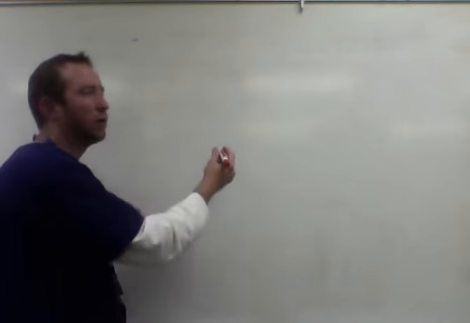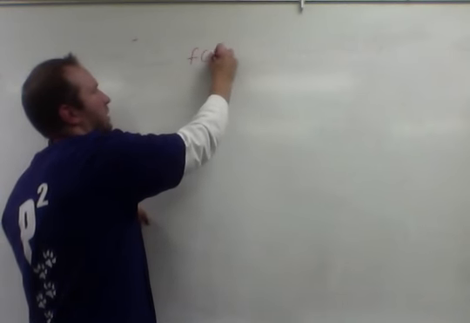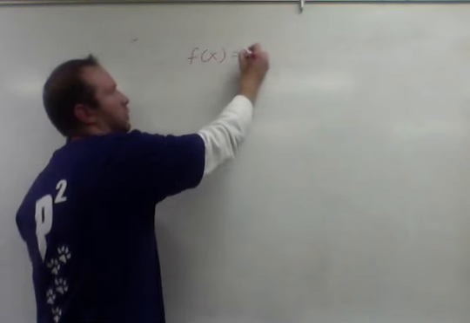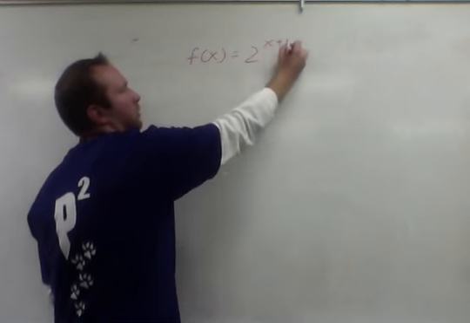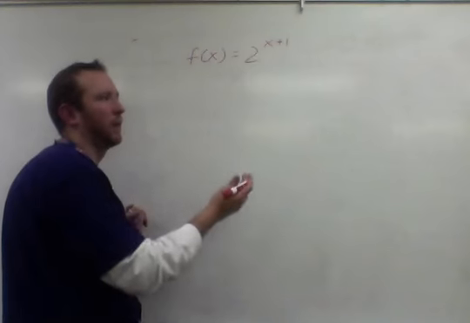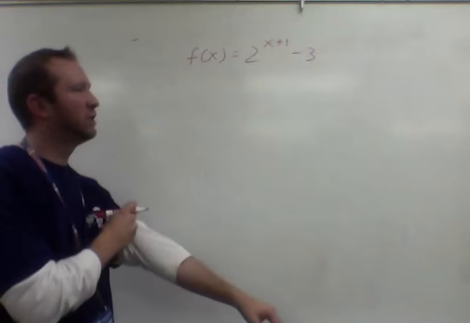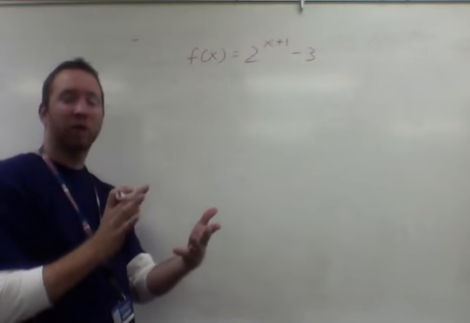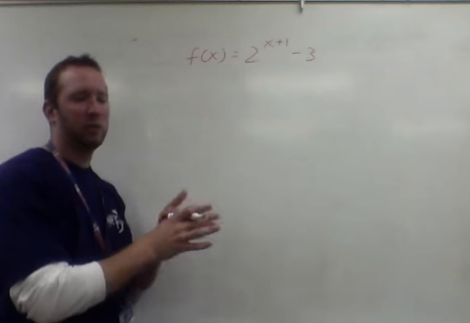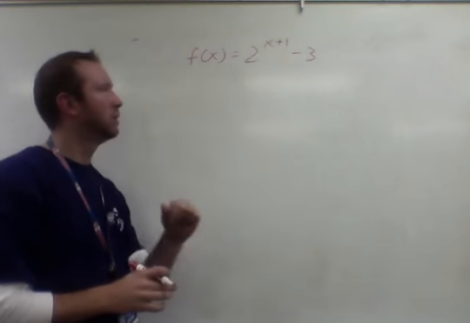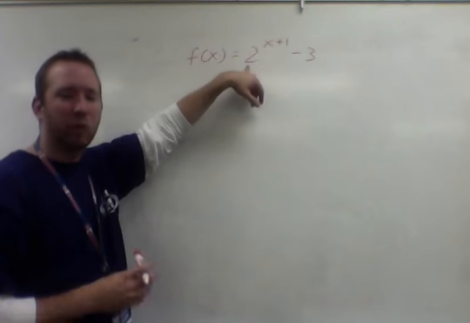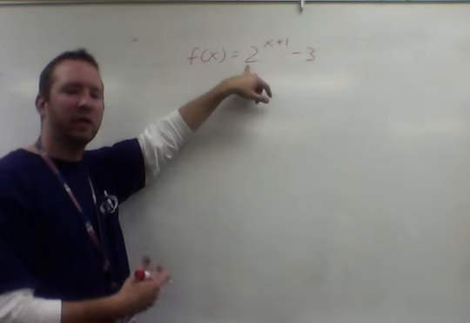All right, so for starters, we're going to look at f of x equals 2 to the x plus 1 minus 3. So the first thing I'm going to look at is, again, what's the parent function? If it was just y equals b to the x. Well, in this case, our base, what we're multiplying by over and over again, is 2.